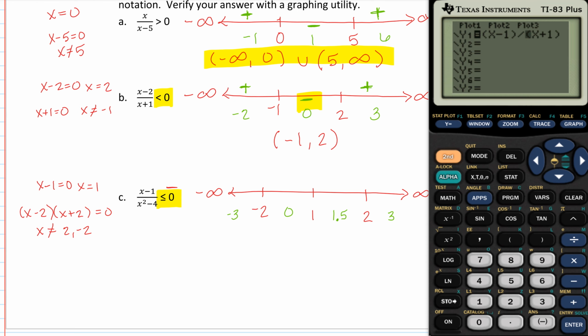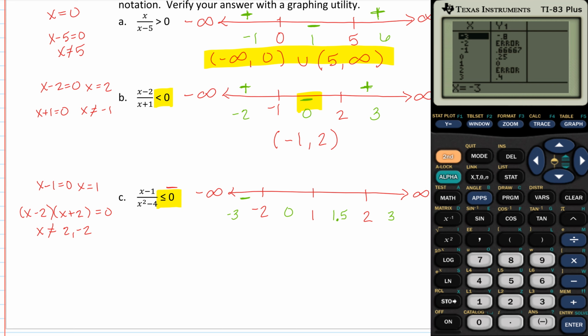And I'm going to change that denominator to x squared minus 4 and make sure I close my parentheses. Very important that I separate the numerator and the denominator with parentheses. And I'm going to take a look at my table. Negative 3, I get a negative. 0 is a positive.